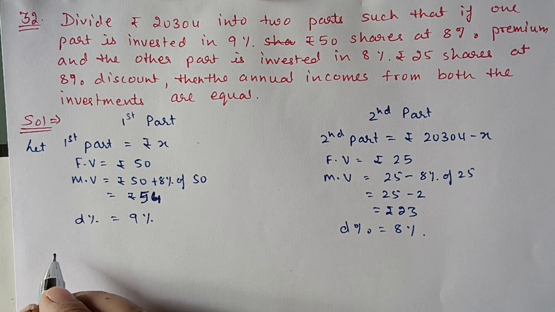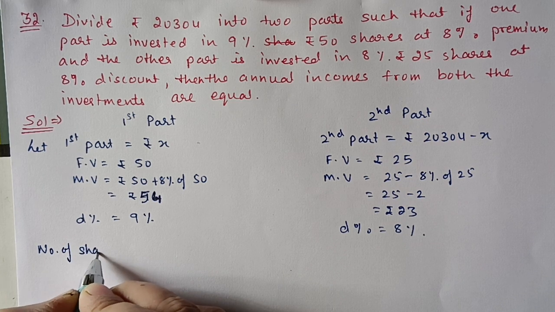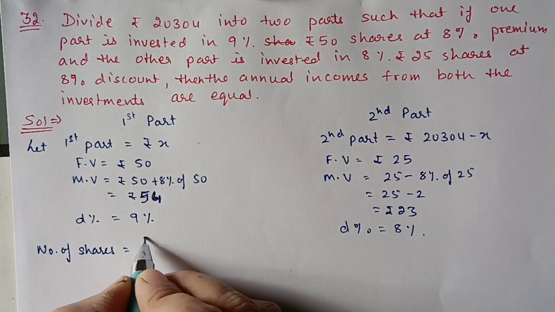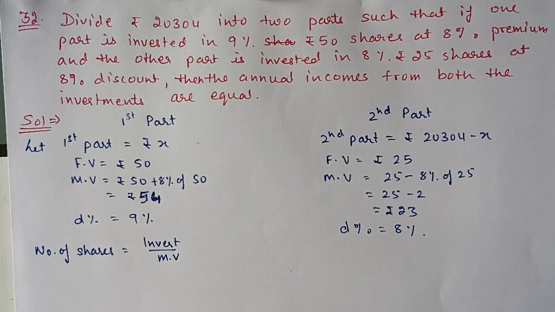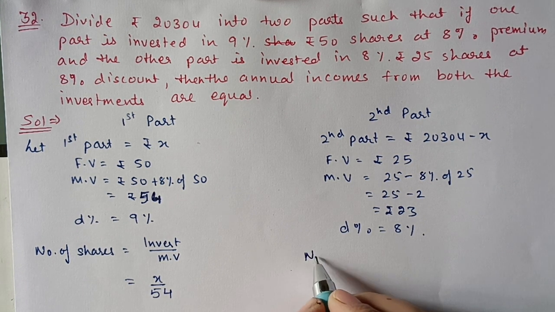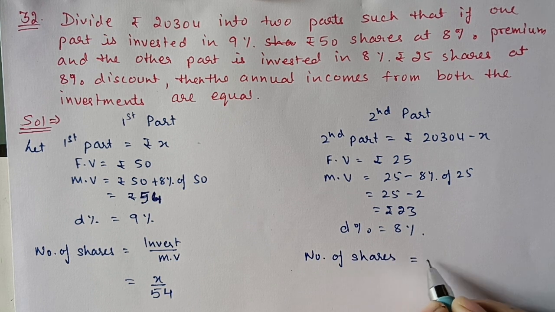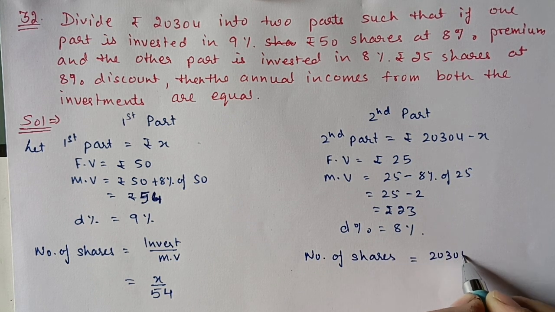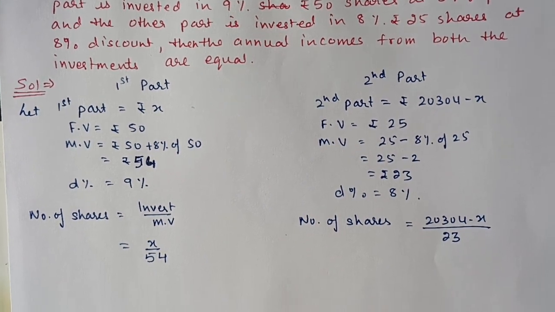So in the first investment, number of shares will be investment upon market value, x upon 54. For the second investment, number of shares will be investment upon market value 23.